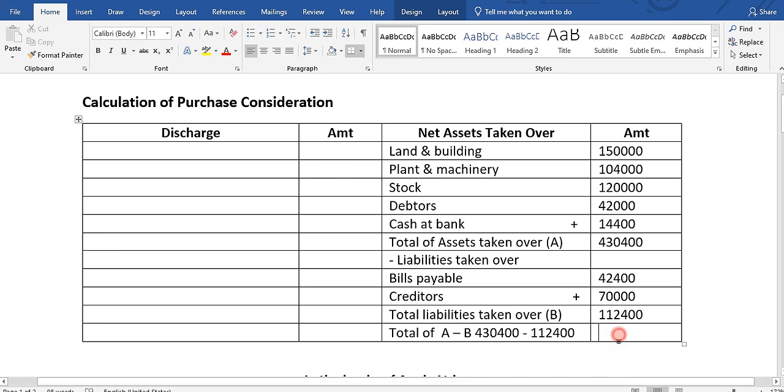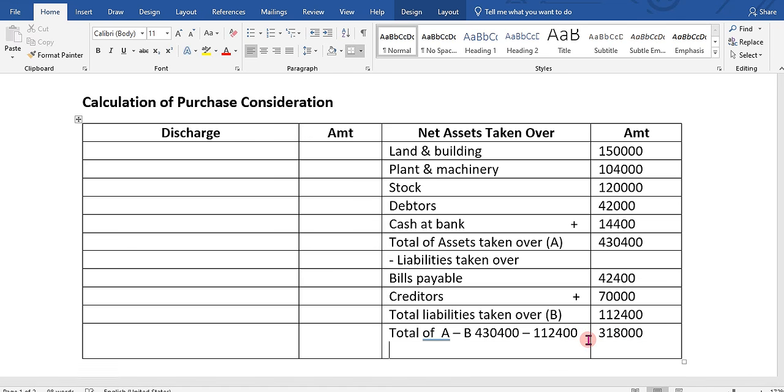So total will be 3,31,000. Okay, this is the purchase consideration.